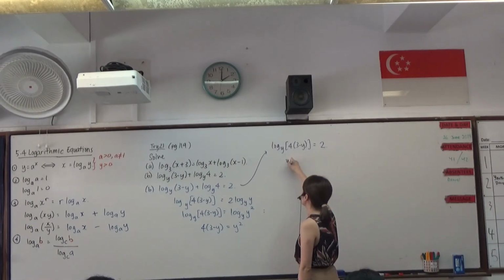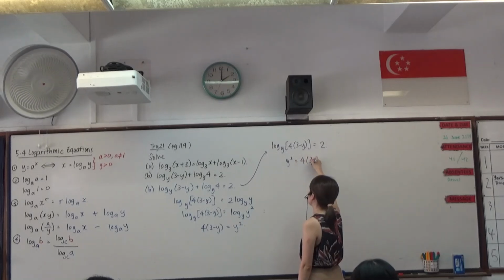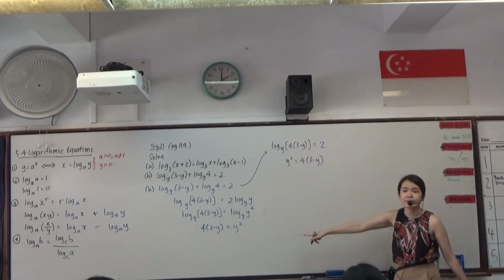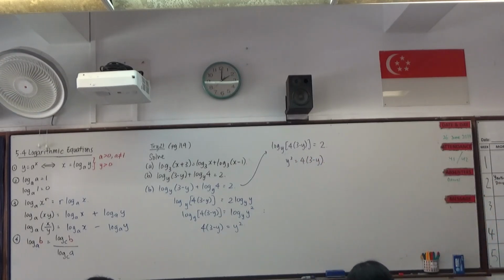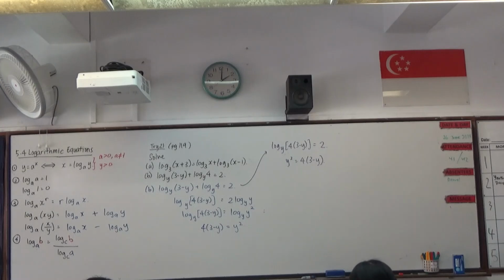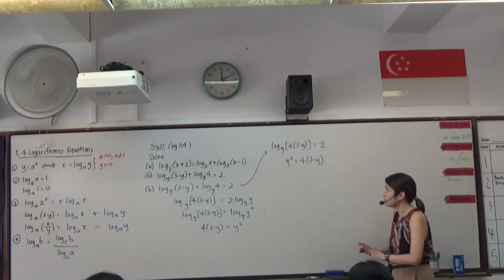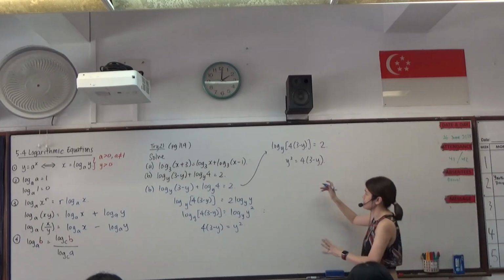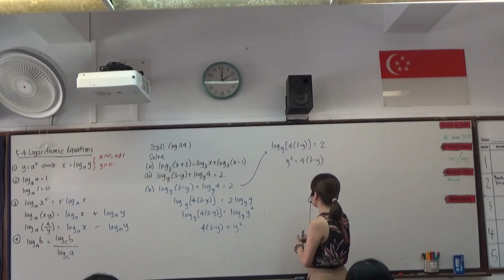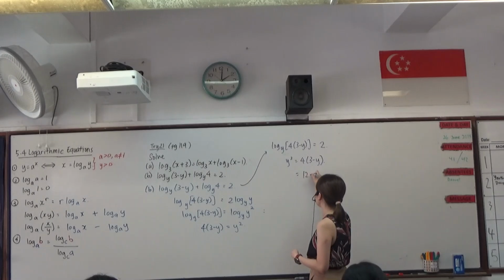Y squared equals to 4 times 3 minus y. You do get the same thing. So I want us to be very flexible in terms of the way we solve the question, and be very skillful at it as well. Regardless of the case, we end up getting a quadratic equation. I'll just continue from here.